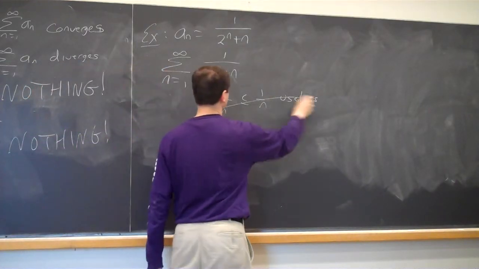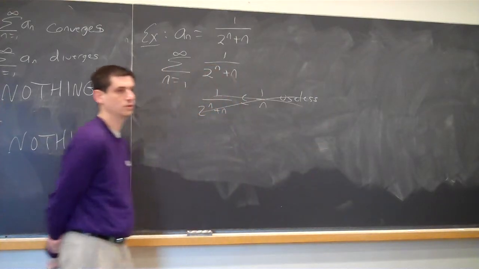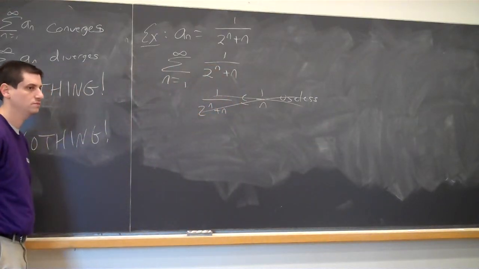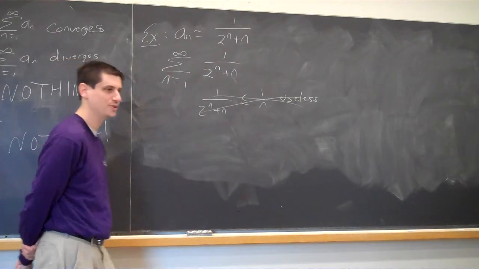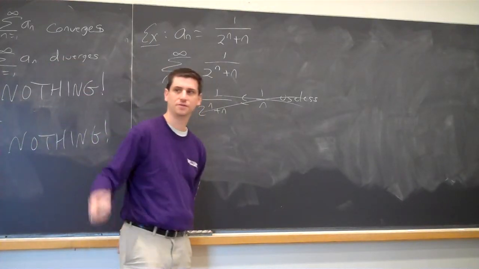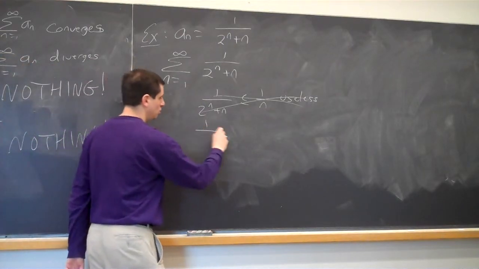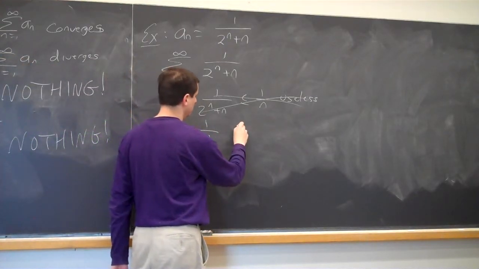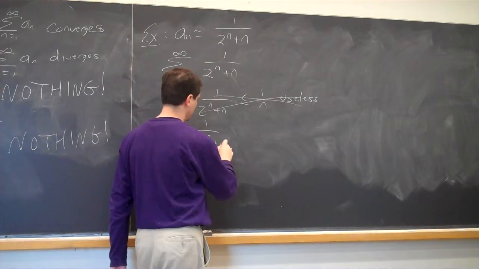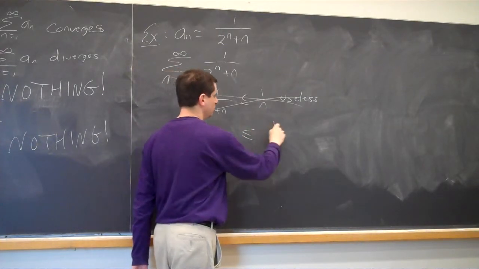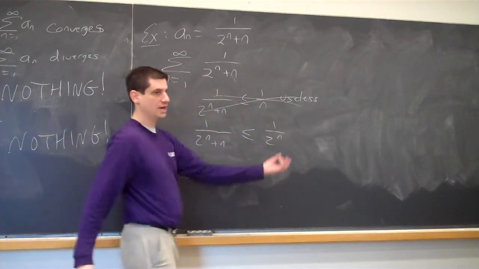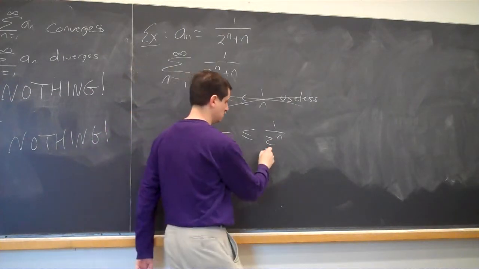What could I try to do instead? Yes? If we compare it to 1 over n squared? We don't know 1 over n squared converges. Compared to 1 over 2 to the n. Yeah, compared to 1 over 2 to the n. 1 over 2 to the n plus n is less than or equal to 1 over 2 to the n. This sum converges.